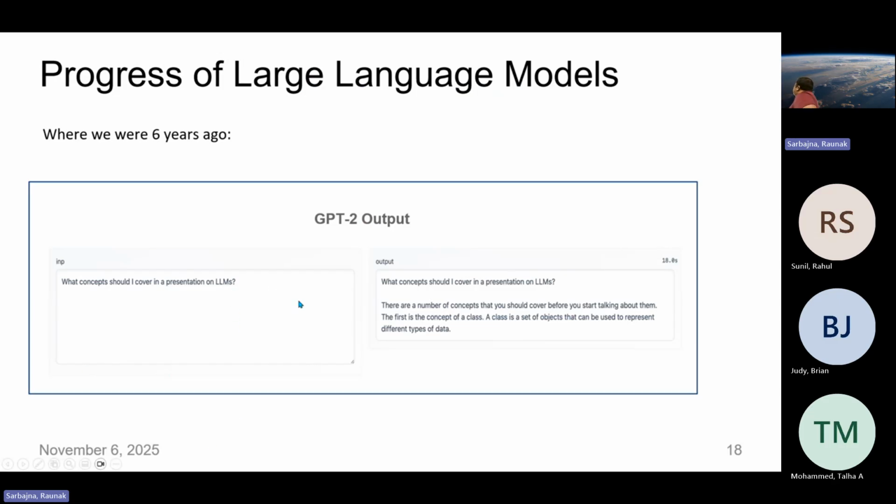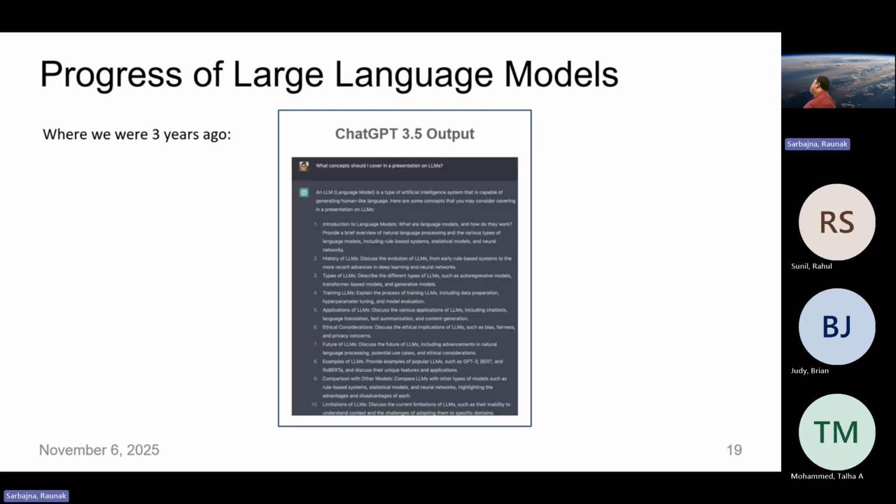So this is 6 years ago. You ask a question like, what concepts should I cover in a presentation on LLMs? The answer is not very detailed, right? It's a very generic statement that somebody who doesn't really know the topic would give you. This is GPT-2. This is GPT 3.5.